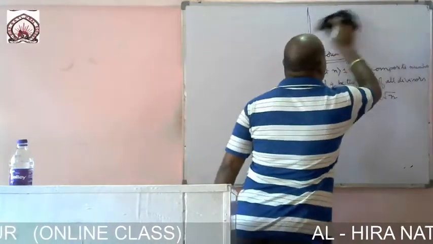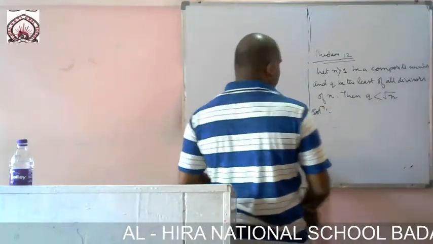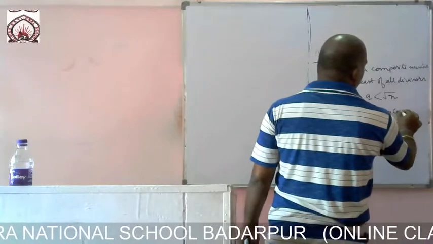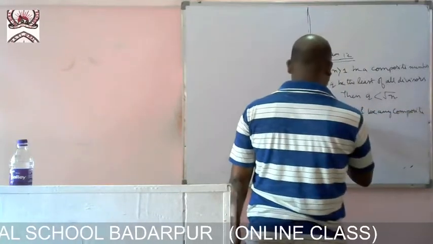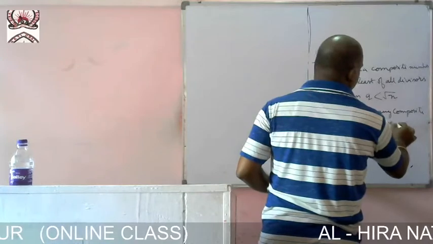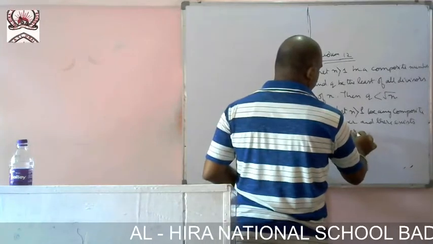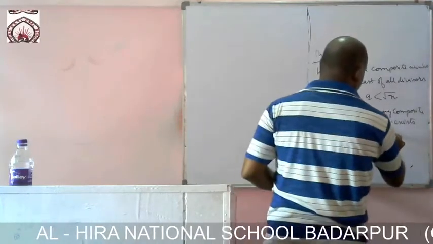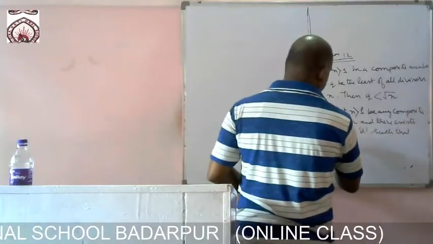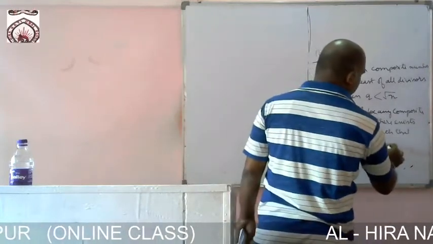Now let us prove this theorem. Solution: let n be greater than 1, any composite number, and suppose there exists an integer d such that d divides n.